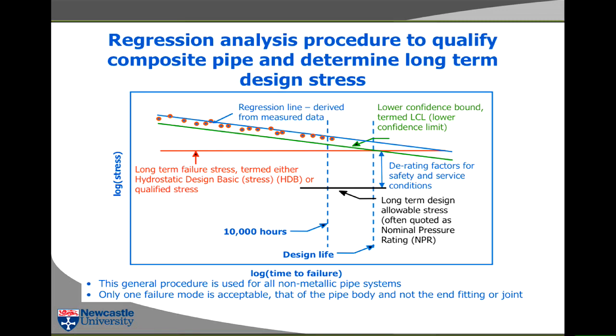The other thing to note is that although this green line, I've drawn it as a straight line, many of the textbooks do that as well. It's not actually a straight line. Here's your mean line with your experimental points on it. There's your mean line, but your lower confidence limit is actually a curve.